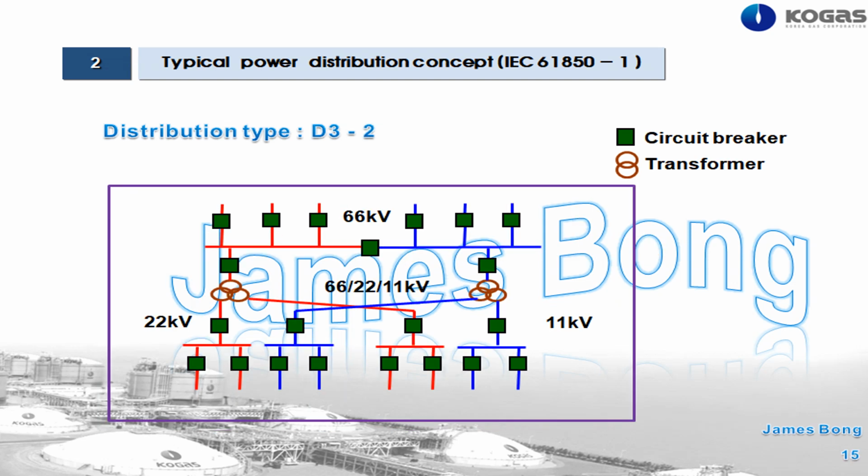I surveyed some LNG plants, but I couldn't find LNG plants which are using the D3 type. But many of the electric power supply companies' substations in Korea are using this D3 type distribution in their internal substations, because in generating plants, power interruption, outage, or electric fault make two serious problems with their power supply lines and generators.